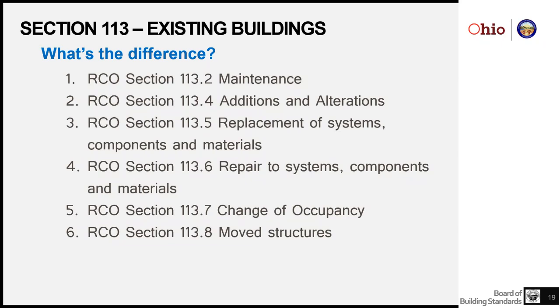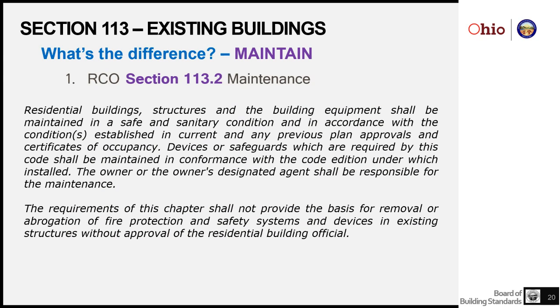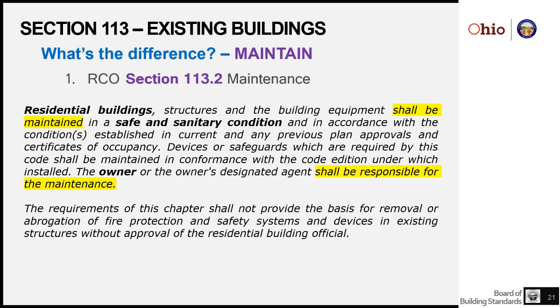So the first one we're going to look at is the maintenance. That's in section 113.2. And this one deals with residential buildings, and it requires that they shall be maintained in a safe and sanitary condition, and it requires the owner is responsible for that maintenance. It identifies a safe and sanitary condition. Well, what is that?